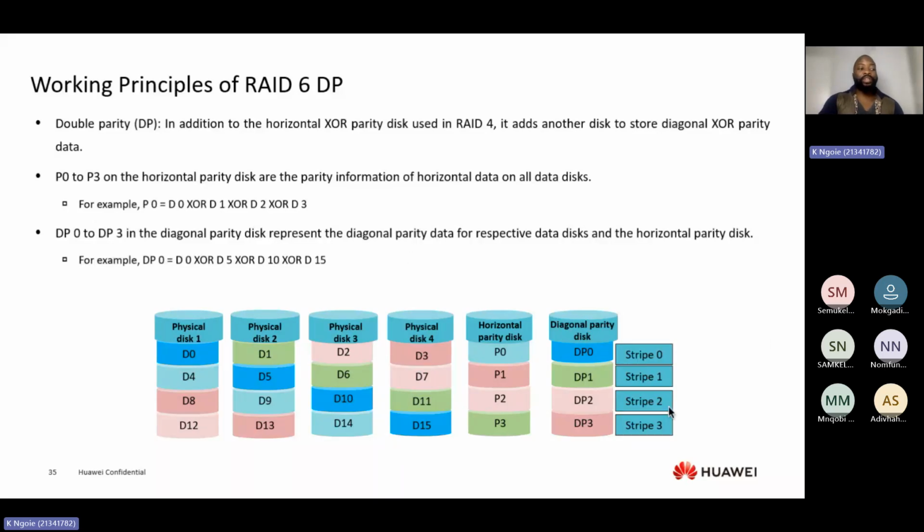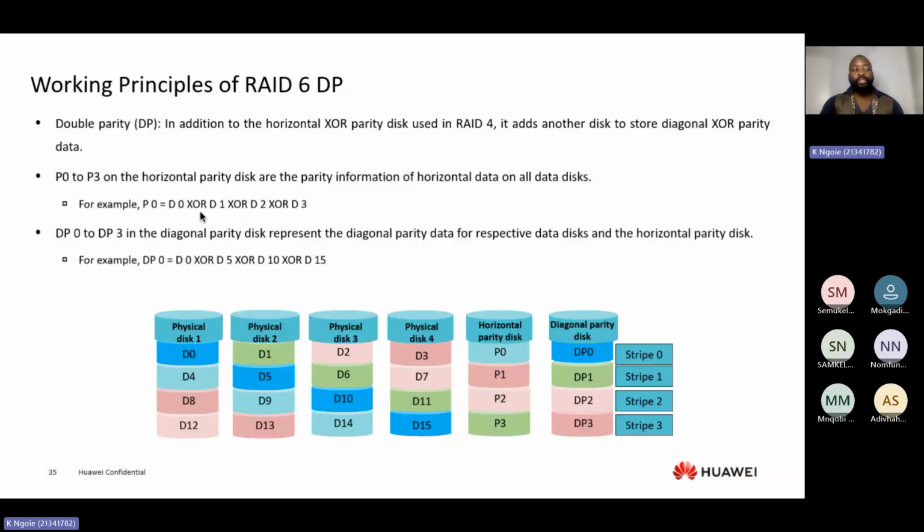And how does that work? We have all these disks, so we have 4 disks here. The horizontal parity is a result of the horizontal, so the first stripe here. We have stripe 0 here, we have D0, D1, D2, and D3. So this will give us a P0.